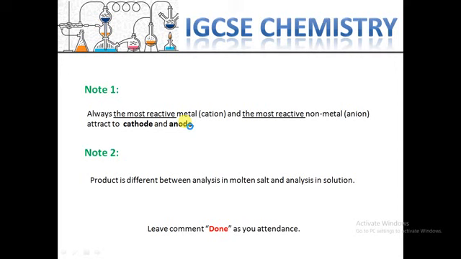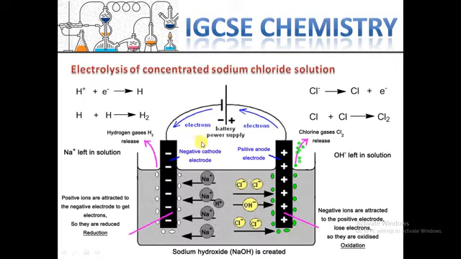Back to the previous slide: the most reactive between hydrogen and sodium is attracted to the cathode, and the most reactive between the non-metal negative ions, hydroxide and chloride, is attracted to the anode.